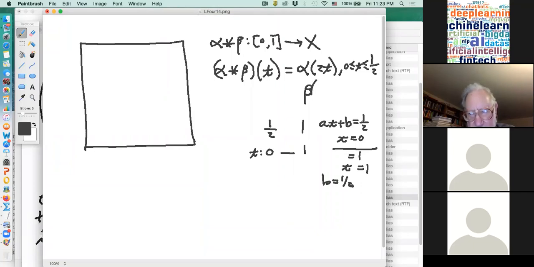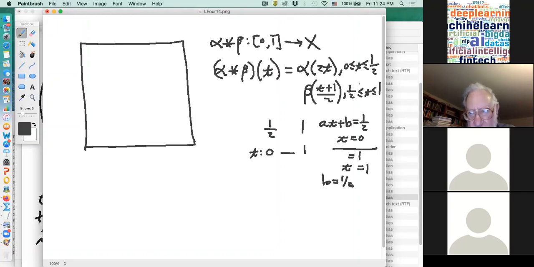So this should be equal to beta of t plus 1 over 2 for 1/2 less than or equal to t less than or equal to 1.